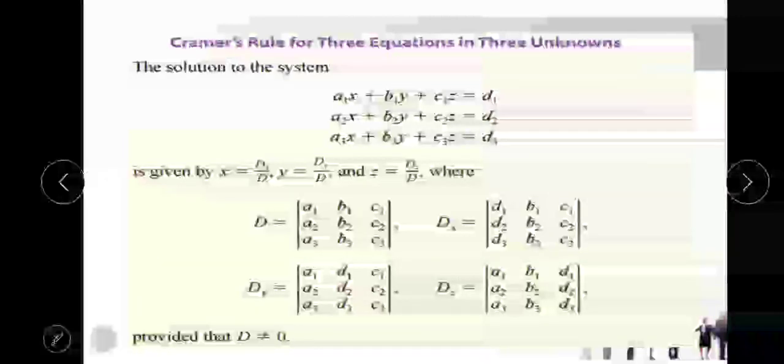Dy is the determinant obtained by replacing the second column by the constants on the right hand side in the determinant d, and dz is nothing but the determinant obtained from d by replacing the third column by the right hand side elements of the equations.